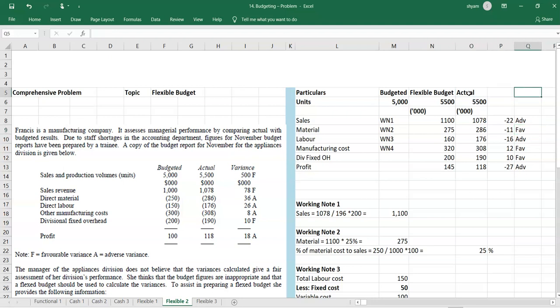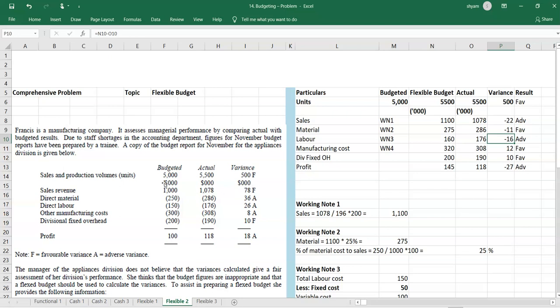Okay, the number of units, I think this is variance. This is variance, and this is the result. So the variance here is 500 units. They should have sold, additionally they have sold 500. That is actually a good thing, but thereafter there's no good things. So if you see the revenue here, it was favorable.